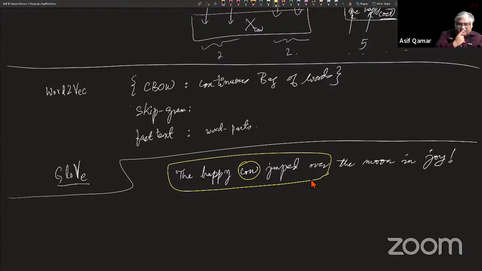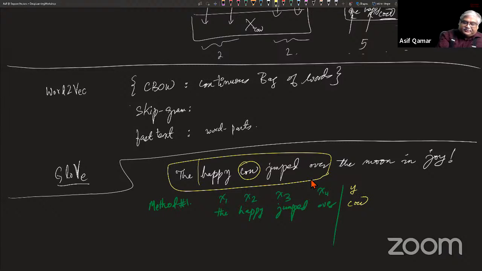One thing you can do is create a table, an input data space. So method one: you create the happy, jumped, over. So this is your x1, x2, x3, x4, and this is your feature space, and your target, your y, is the word cow. Then you can move your sliding window one step forward.